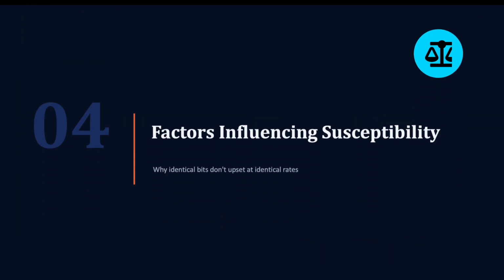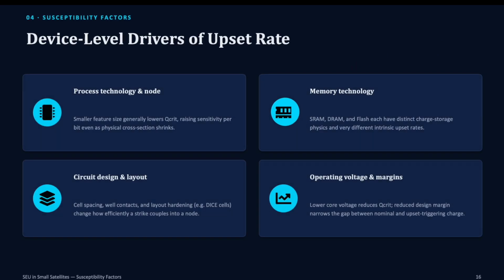Now we'll look at why not all the bits are created equal. On the hardware level, process nodes, memory type, layout, and voltage margins all shift how easily a strike can flip a bit. For process nodes, for example, small features generally lowers the critical charge, which raises the sensitivity per bit, even when the cross-section of the physical device shrinks.